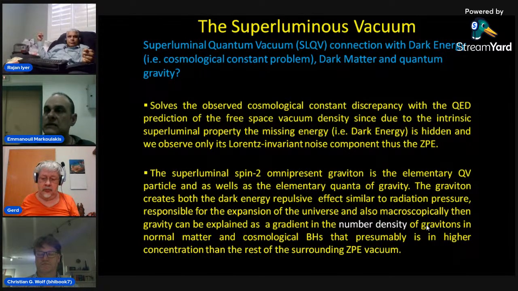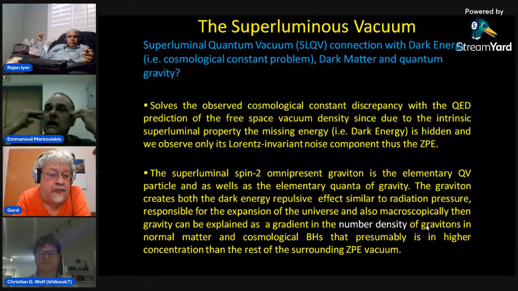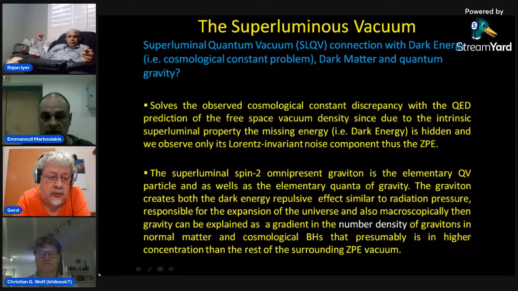So this creates a negative pressure, which is equivalent to gravity. So gravity can be explained as a gradient of this quantum vacuum condensate.